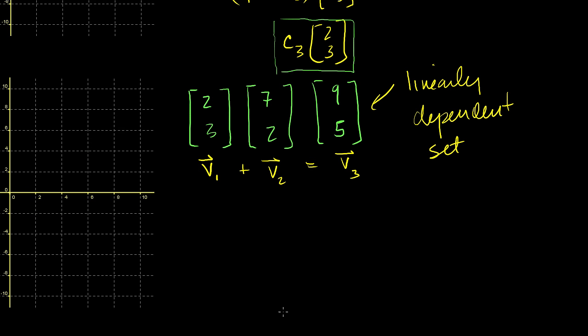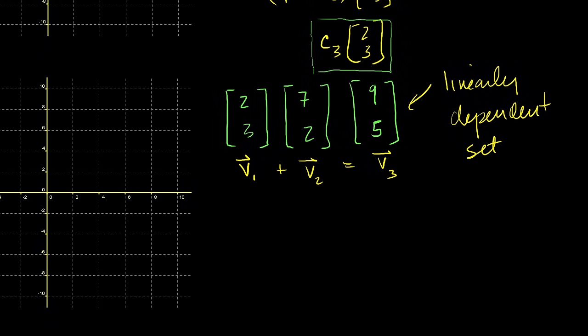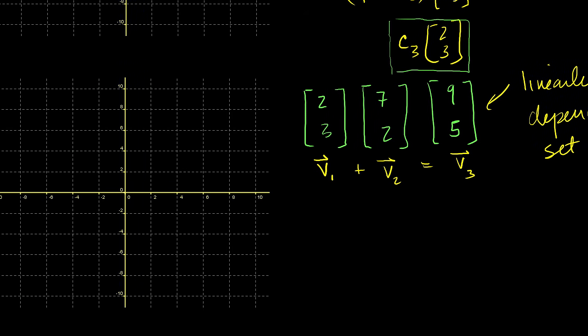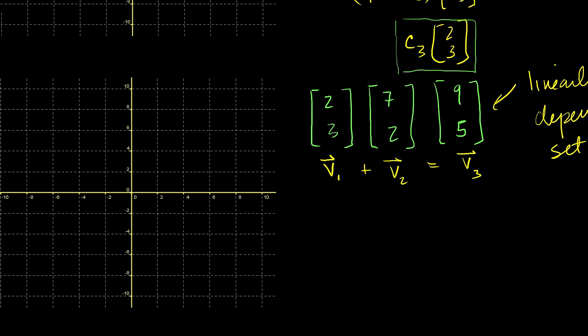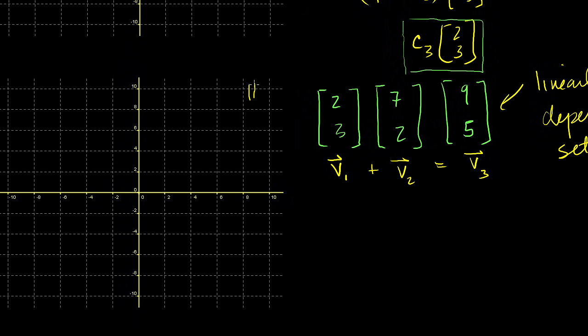Let me draw it in R2. There's a general idea that if you have 3 2-dimensional vectors, one of them is going to be redundant. One of them definitely will be redundant.